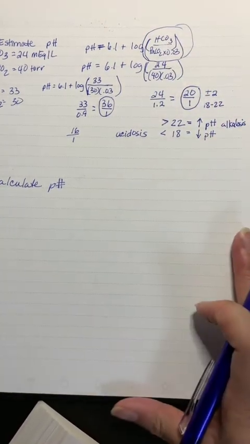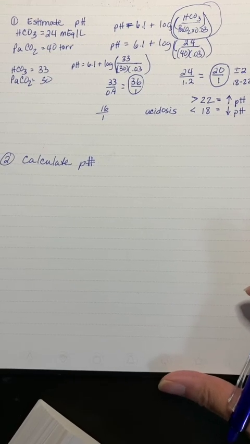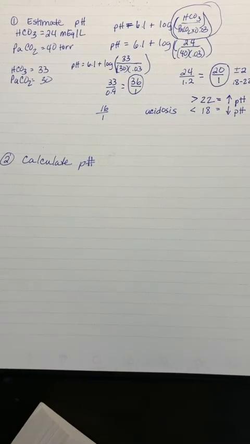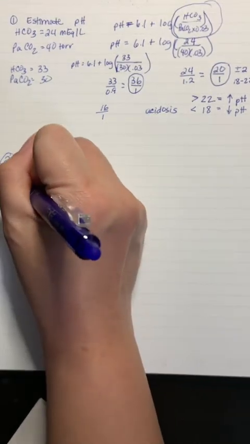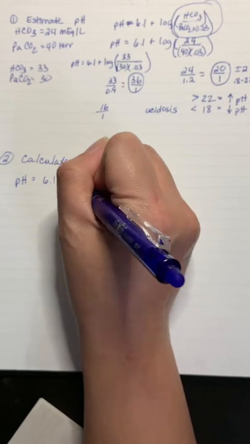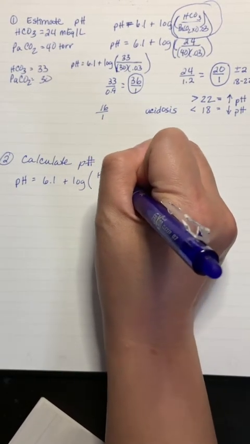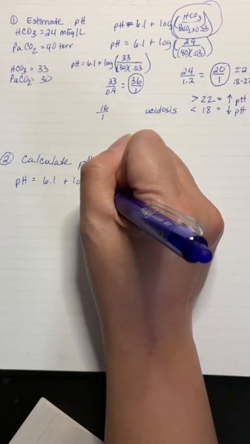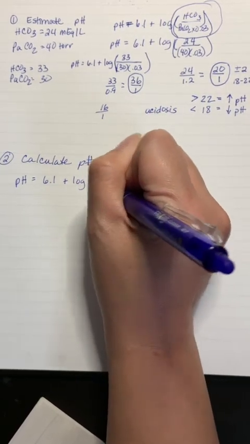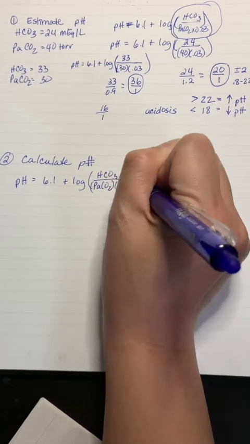Now let's take these numbers and actually see this formula at work. Let's do normal. pH is equal to 6.1 plus the log of HCO3 over PaCO2 times 0.03.